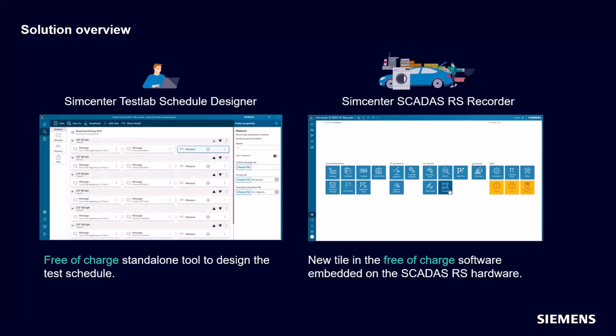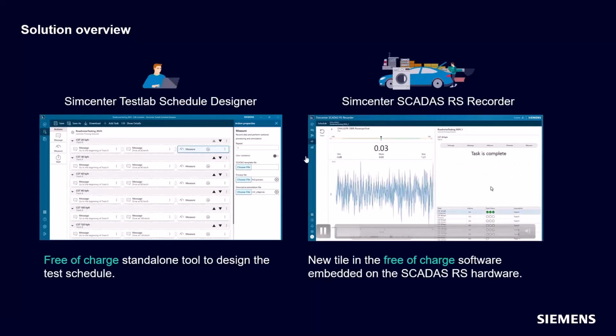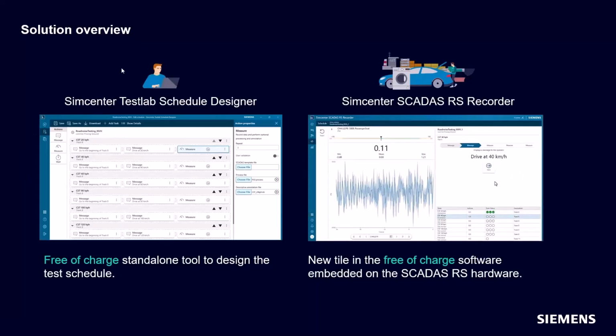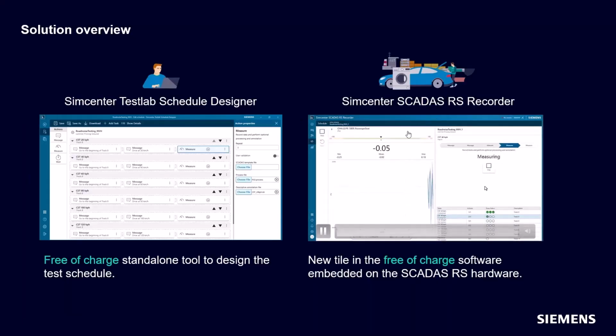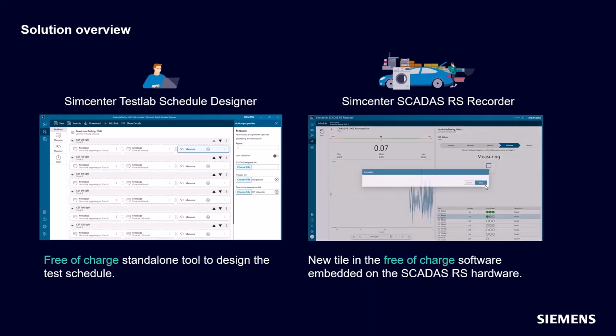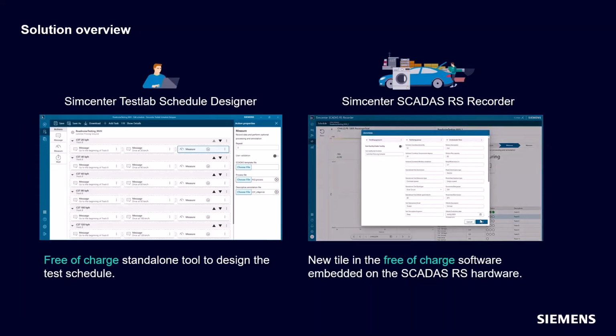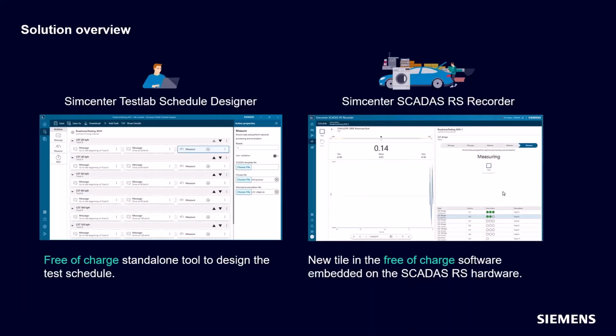So the general idea is that the schedule designer is a standalone tool that allows you to design a test schedule. This runs on your Windows PC. And then in the SCADAS RS Recorder app or web app, there is a new tile that allows you to open the schedule and run that schedule.